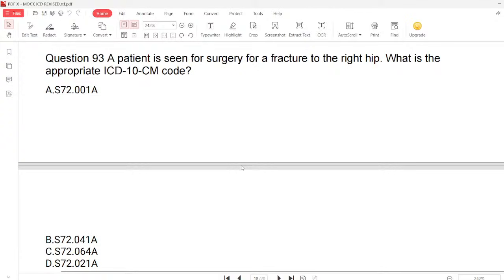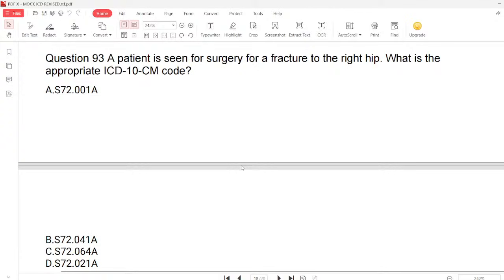That is for the base of the neck of the right femur. Wait, it's confusing, guys. Actually, displaced fracture is mentioned in option B, 041A.